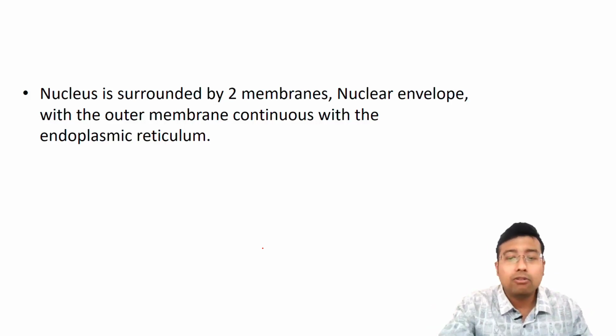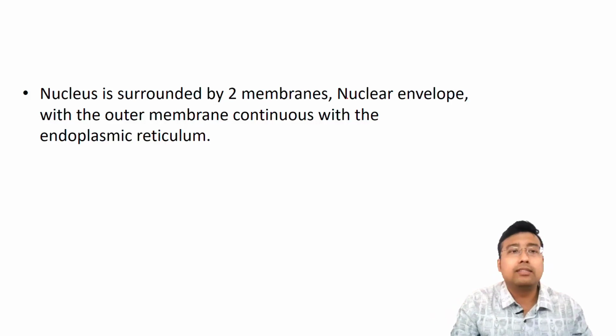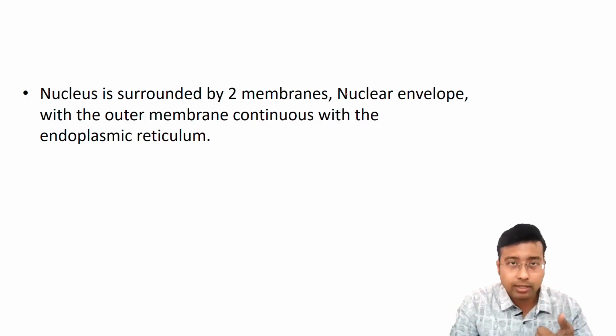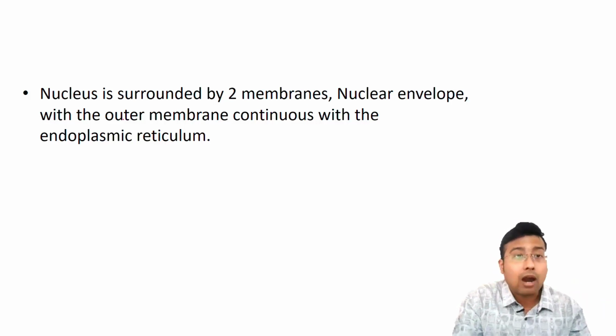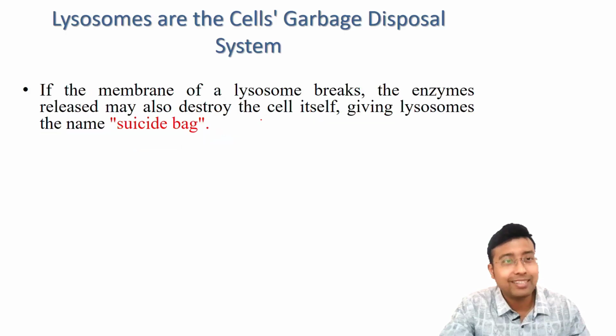Now, regarding nucleus, one thing we should note is the nuclear envelope. Nucleus has two membranes, right? The nuclear membrane has an outer membrane and an inner membrane. The outer membrane is continuous with the endoplasmic reticulum. Very important, this is a very important thing to remember, which may be new to you.